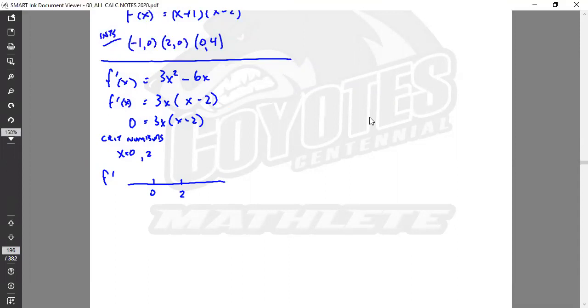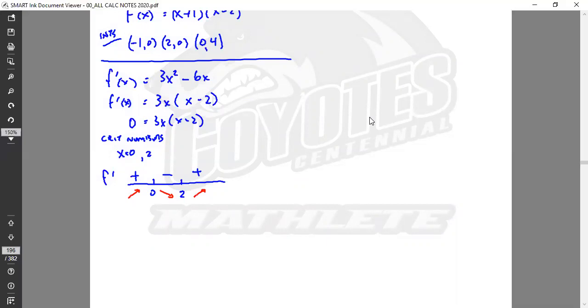We look at these factors, and when x is less than 0, this ends up being negative times negative, x is positive. Between 0 and 2, it ends up being positive times negative. And greater than 2, this ends up being positive times positive. So this is increasing, and then it's decreasing, and then it's increasing.